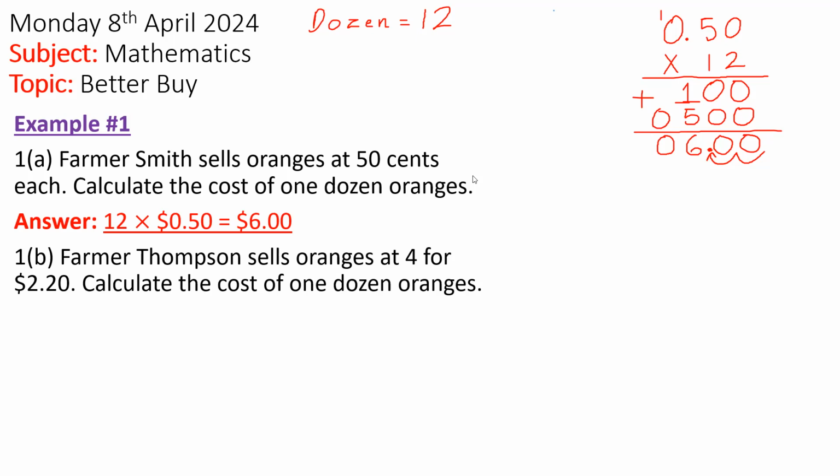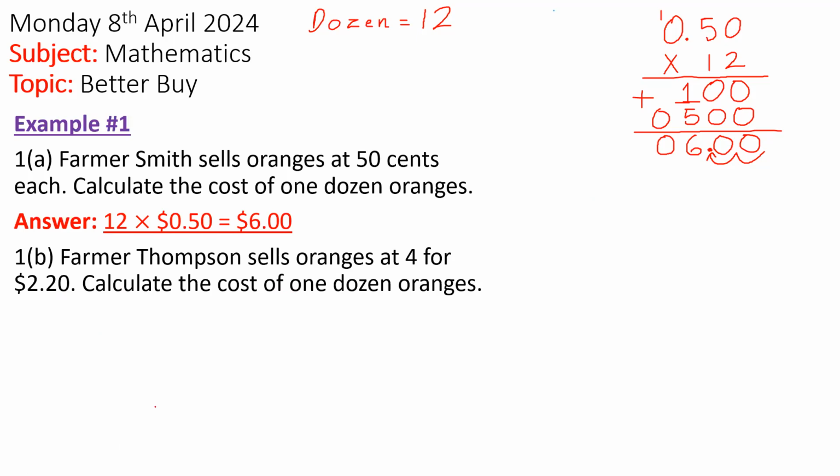Okay, let's think about this. This is very easy, nothing deep about this, right? Look, how many is for $2.20? How many do we have all together? We have 12, right?